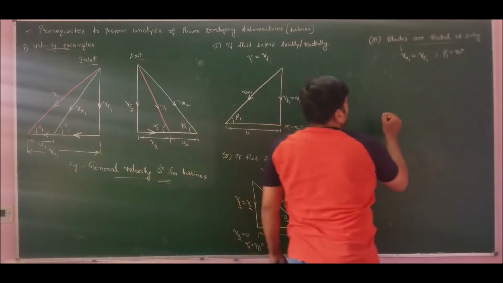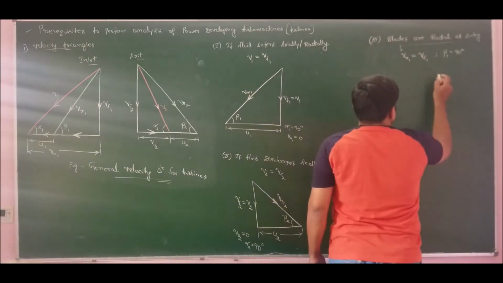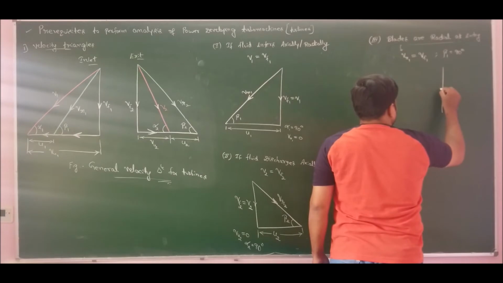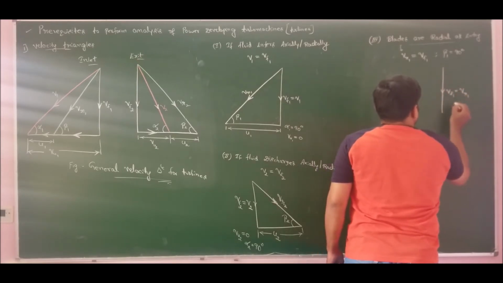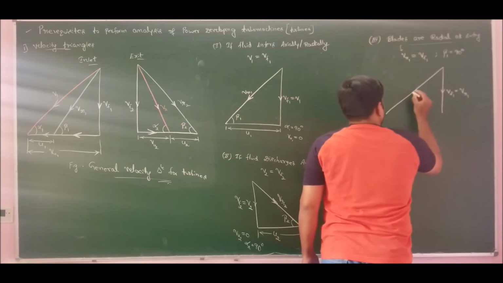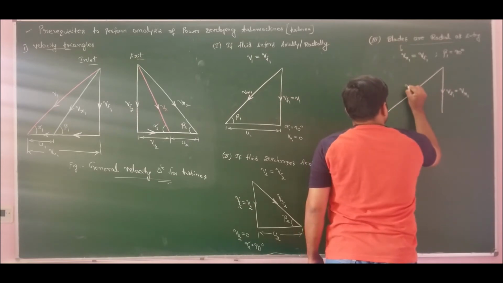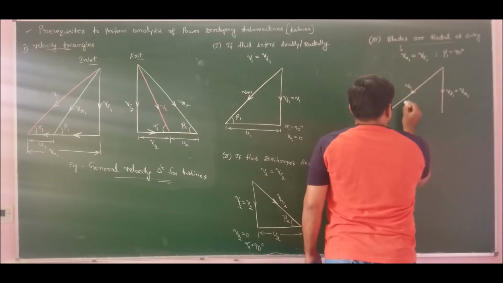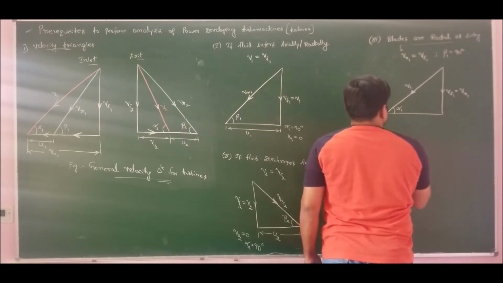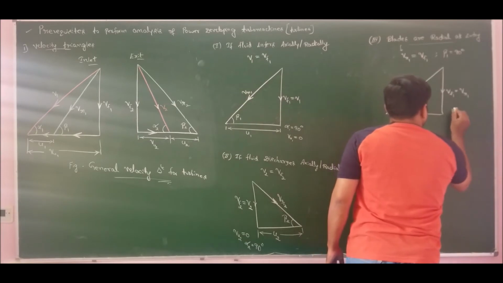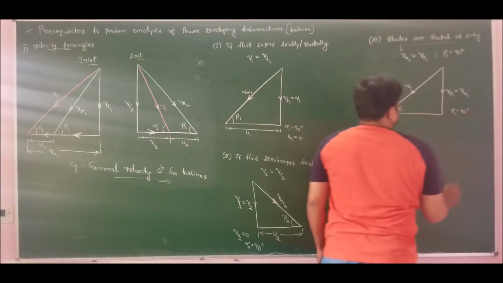So for this case, if I draw the velocity triangle at inlet, we have flow velocity Vf1, this is equal to the relative velocity Vr1, and I have left out the absolute velocity V1. So join the base. The angle made by the absolute velocity is alpha 1, we already know that. So here we have beta 1 equal to 90 degrees.